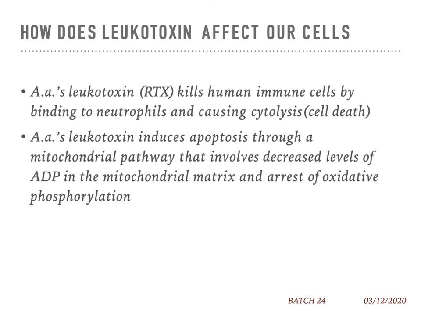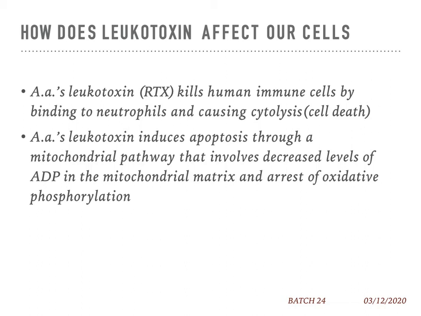How do these leukotoxins affect our cells? We have studied this in our second year. Your first year and second year preclinical subjects like physiology, biochemistry, pathology. You must have studied oxidative phosphorylation and mitochondrial matrix, ADP, ATP, all these things.